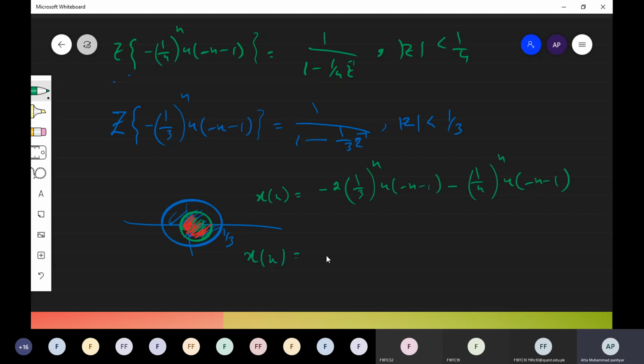And I can also rewrite it as 1 by 3 whole power n minus 1 by 4 whole power n, and this term is multiplied with u of minus n minus 1, right? So in this way you can use partial fraction to solve for the inverse of the transformed signal.